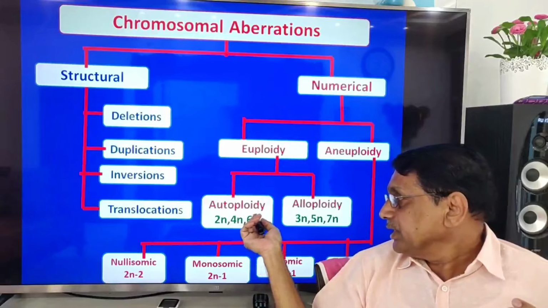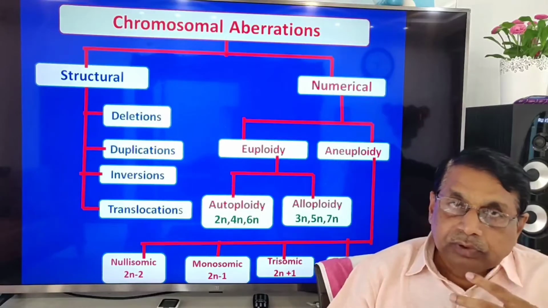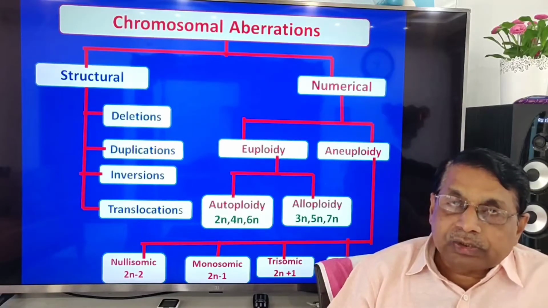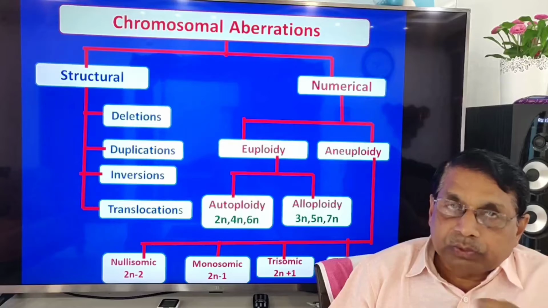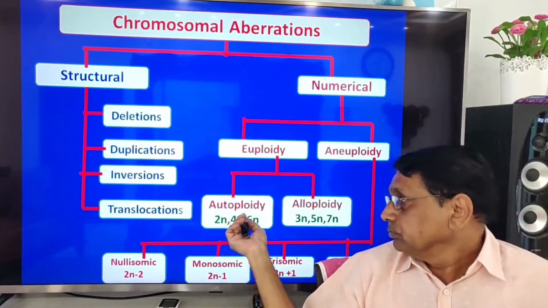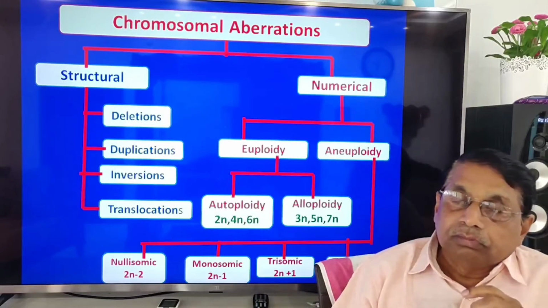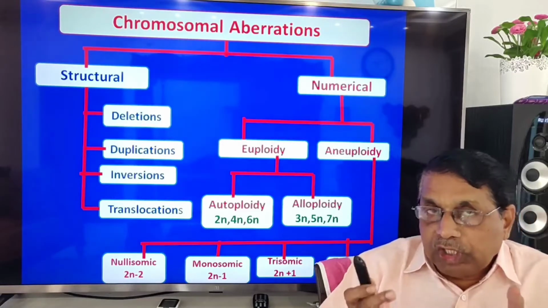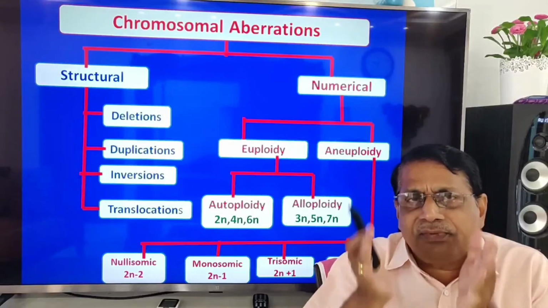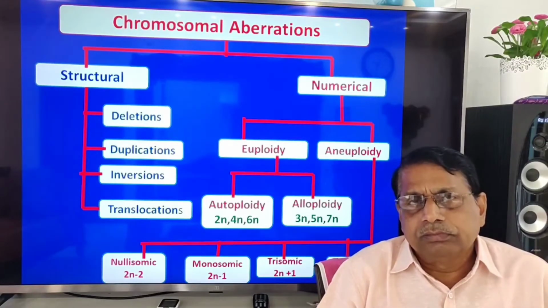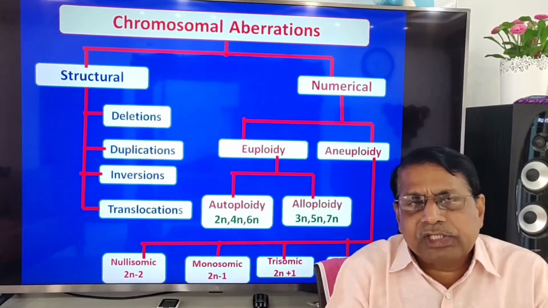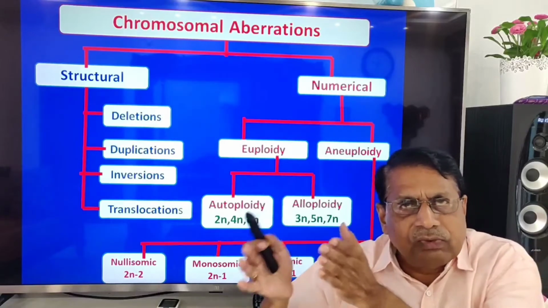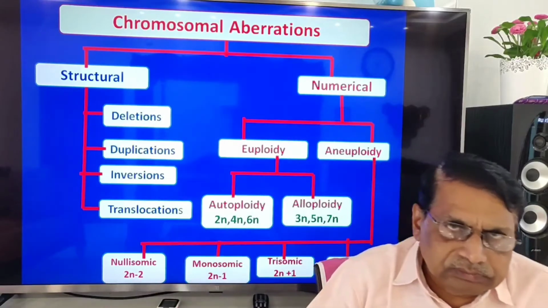2n, 4n, 6n. Instead of 46 chromosomes, there will be 92 chromosomes, 2n or 4n. So it is a change in the complete set of chromosomes. Instead of one set, there will be 2 sets, 3 sets, 4 sets, 5 sets, like that.